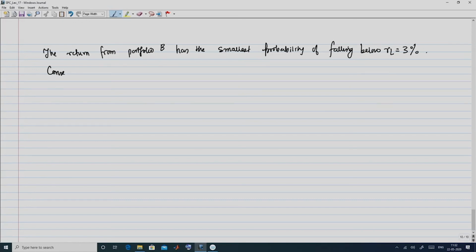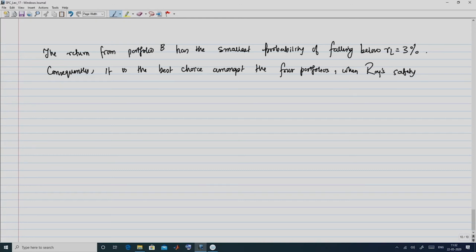Consequently, it is the best choice amongst the 4 portfolios when Roy's Safety First criteria is applied.